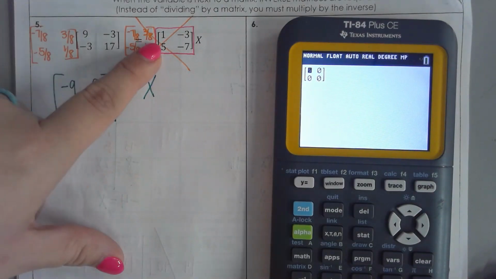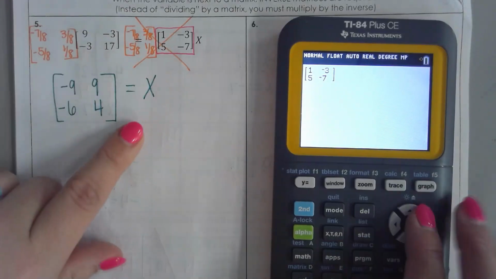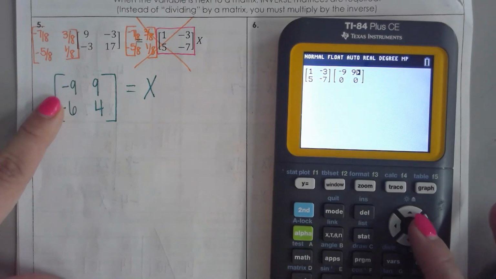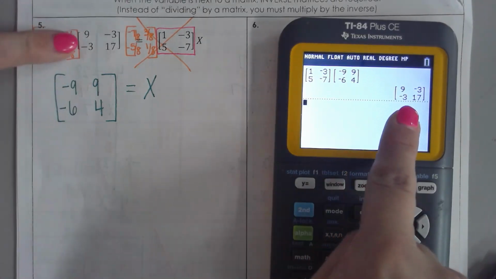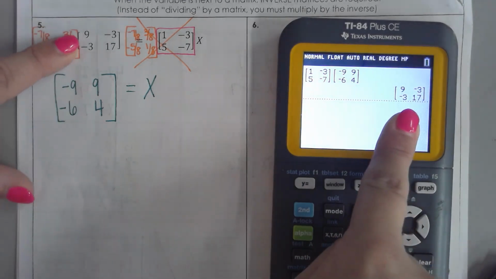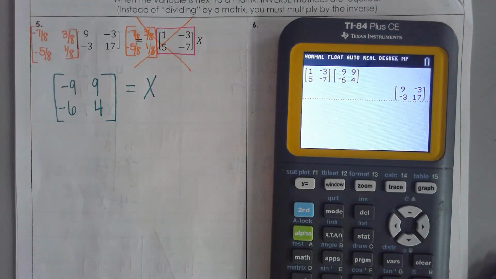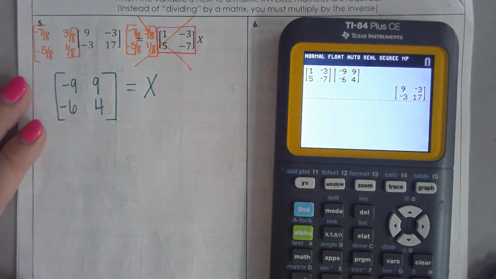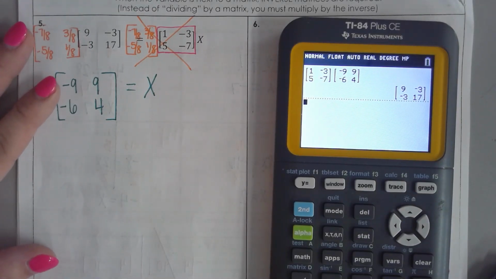So 1, -3, 5, -7 times -9, 9, -6, 4. Yes, it works. You're not guaranteed to get whole numbers as your answer, so like when I did it wrong, if I hadn't gone back and checked, I would have left it and then been wrong. But it's real easy to check.